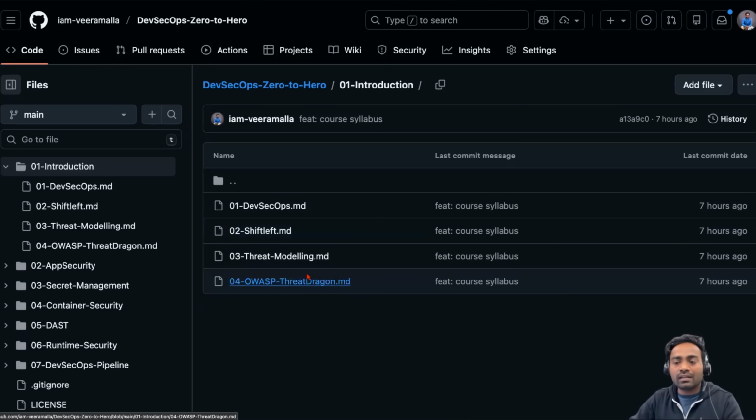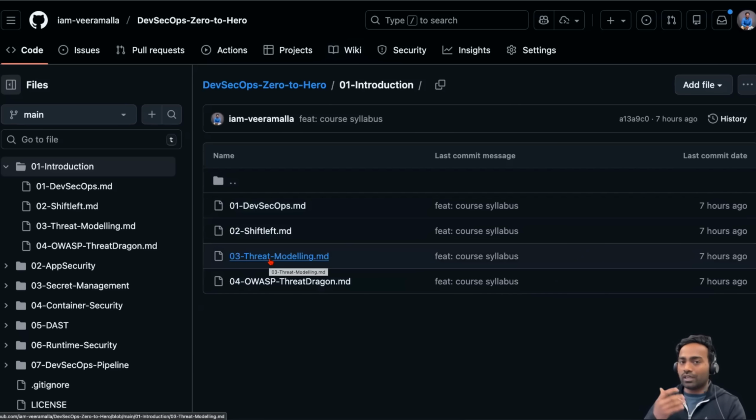Then we'll understand another important thing about DevSecOps, that is threat modeling. When you learn about DevSecOps from various other sources, you might not come across threat modeling, but trust me, this is something that you should definitely know. And this is something that gives you a clear picture of your application.